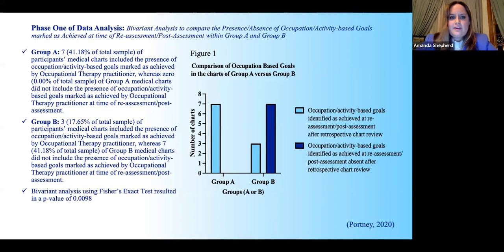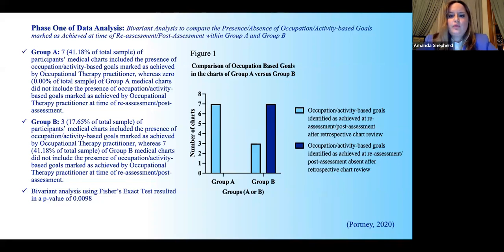That represents the number of medical charts where occupation-based goals were marked as achieved at the time of the child's reassessment or post-assessment. The dark blue bar represents how many medical charts, after retrospective documents review, did not have occupation-based goals marked as achieved at the end of their plan of care or reassessment.